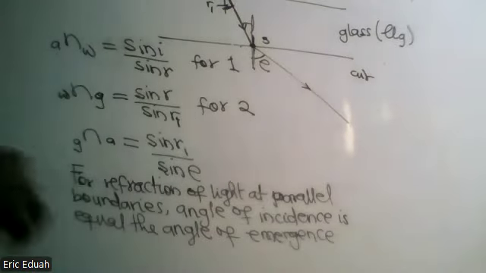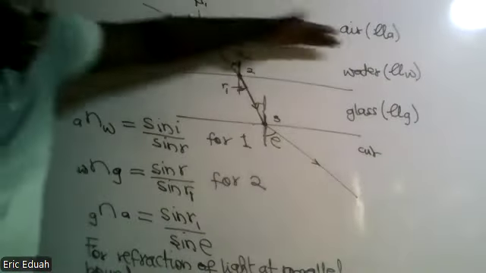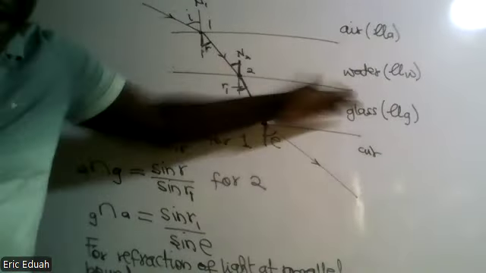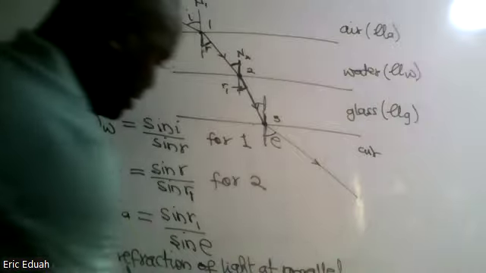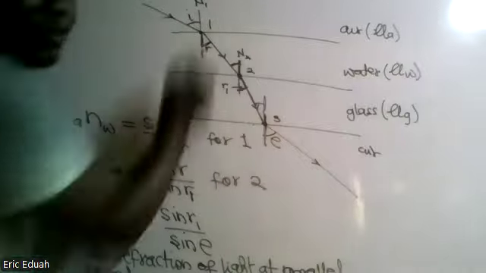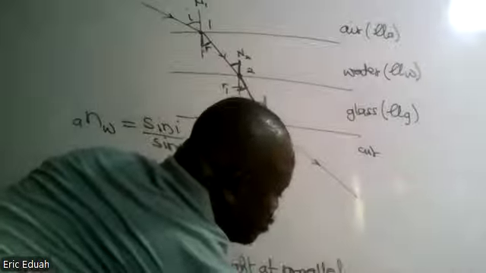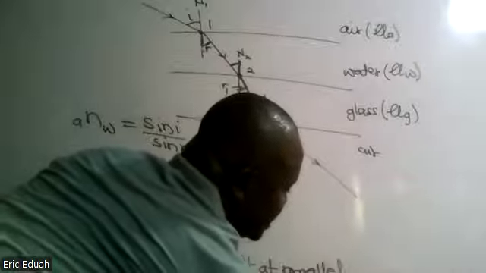All that we are saying is that because these three boundaries, this one, and this one are parallel, at the end of it, we expect angle of incidence I to be equal to angle of emergence E.